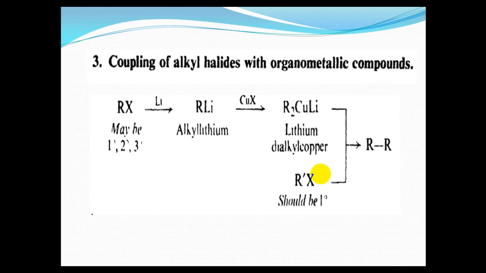The third method for preparation of alkane is coupling of alkyl halide with organometallic compound. This is RX.